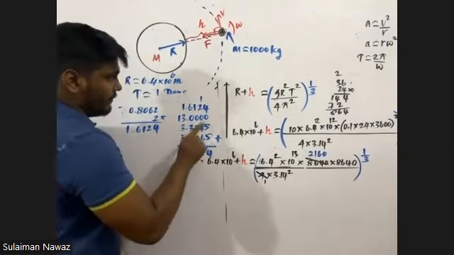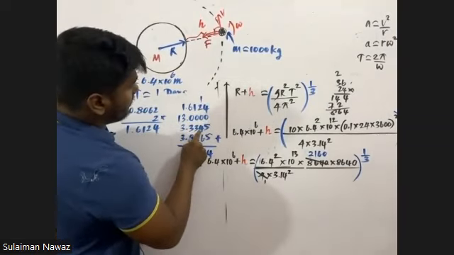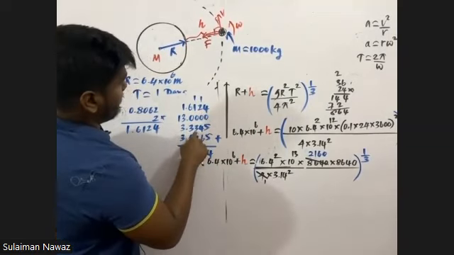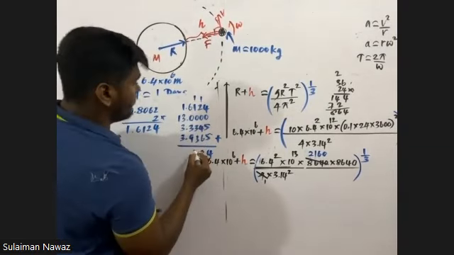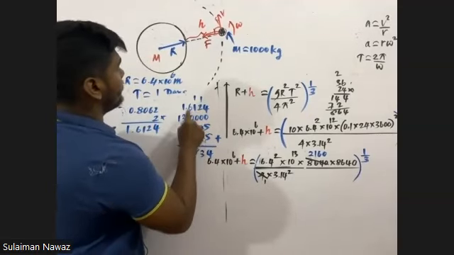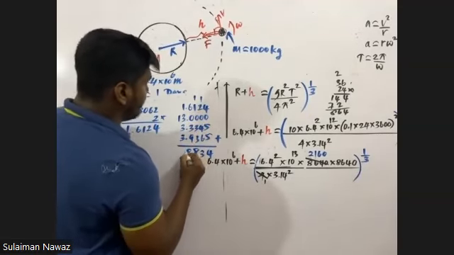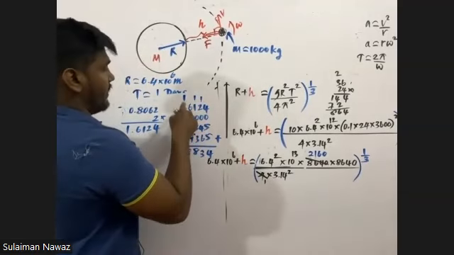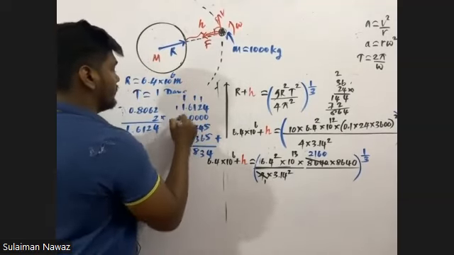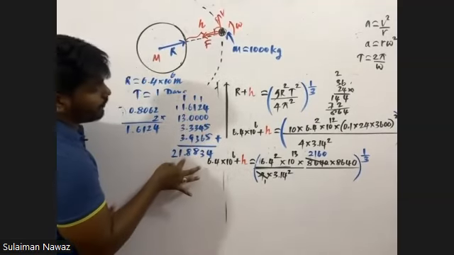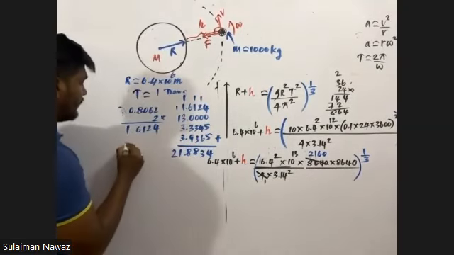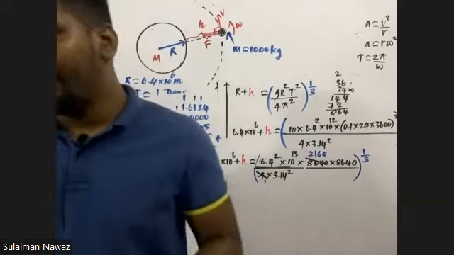If I make any mistake, let me know, right? Then 3.14. Log value of 3.14 means 0.4969.